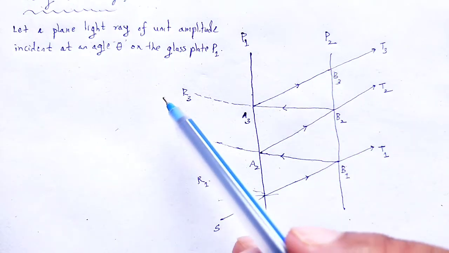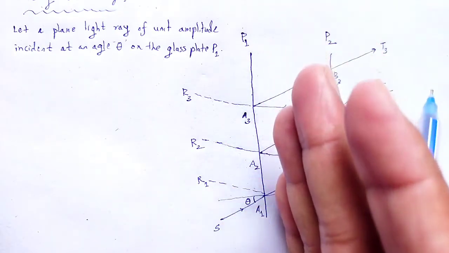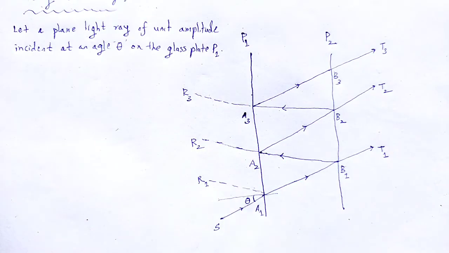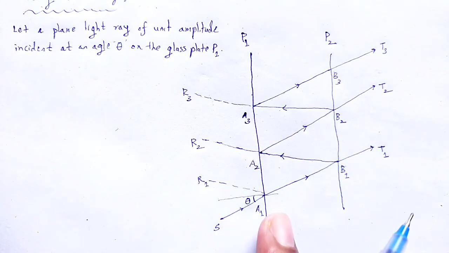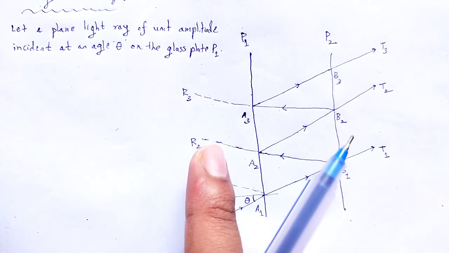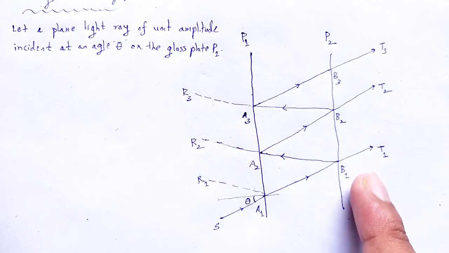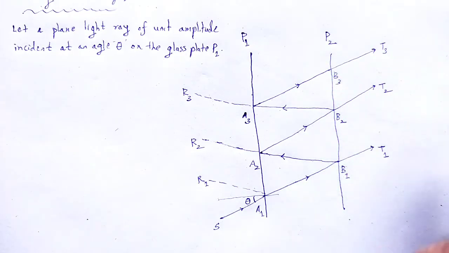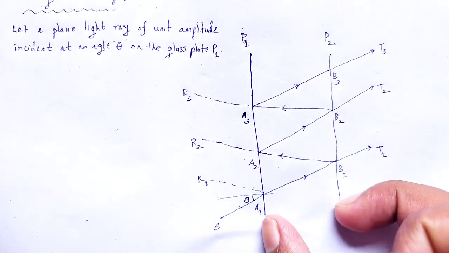The extended source S allows the light to fall on plate P1 at all angles. A set of parallel reflected rays as A1R1, A2R2, A3R3 and a set of parallel transmitted rays as B1T1, B2T2, B3T3 are obtained due to multiple reflections between these two plates P1 and P2.